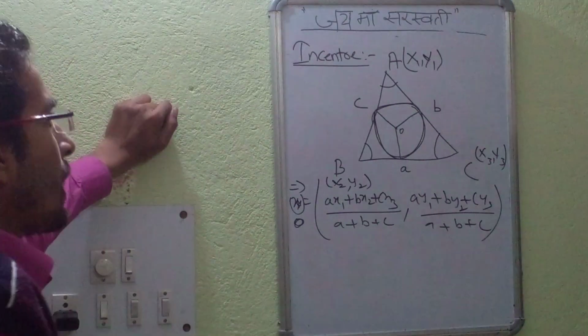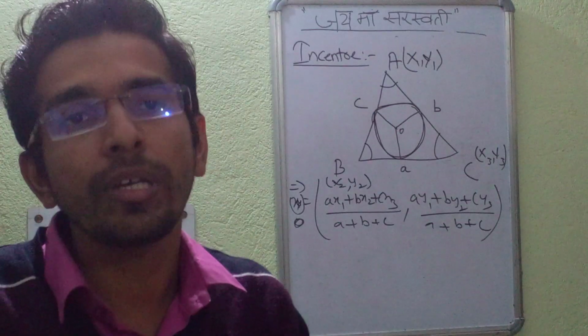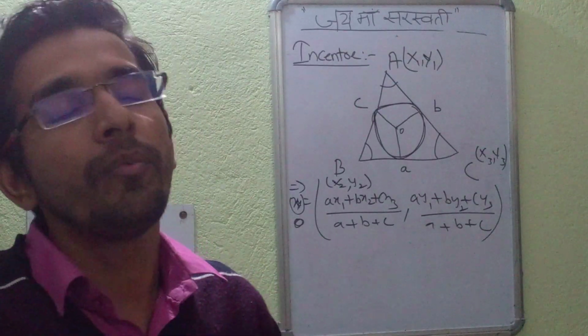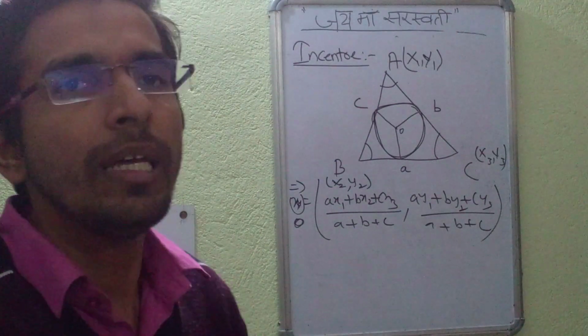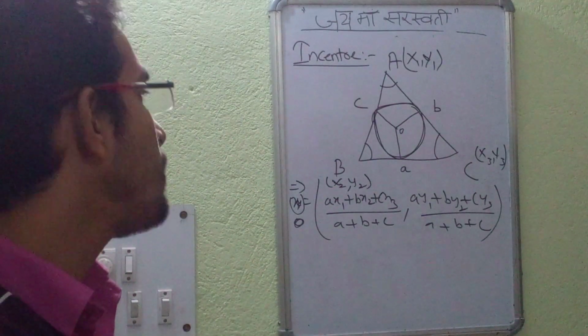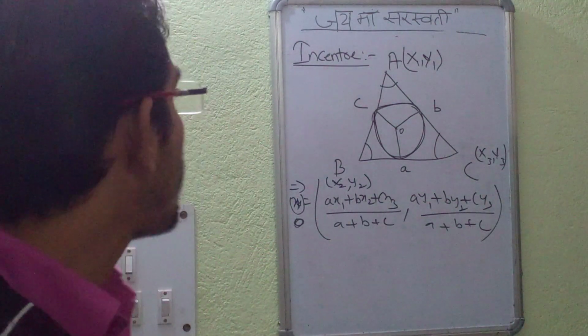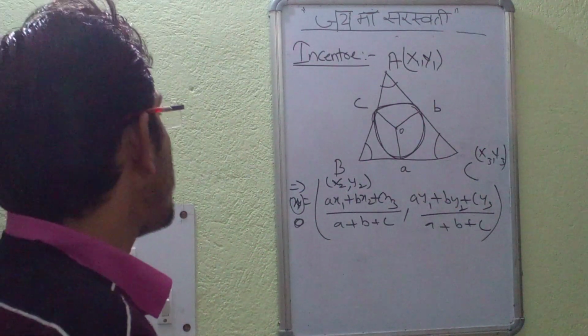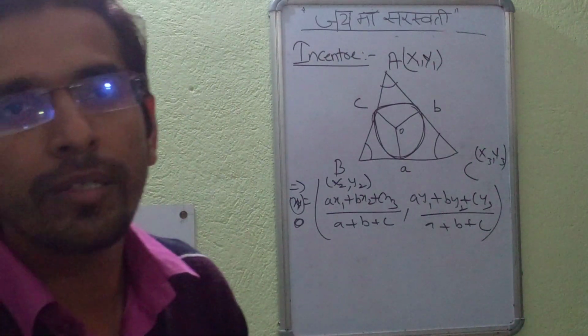There are certain types of questions which are coming in the examination pertaining to the circumcentre and incentre. This type of questions can be solved easily using the formula which I had depicted on the board. So this is the major concept of the incentre and the circumcentre.